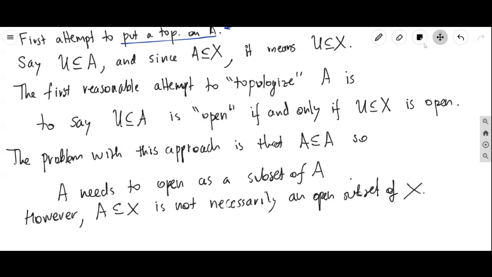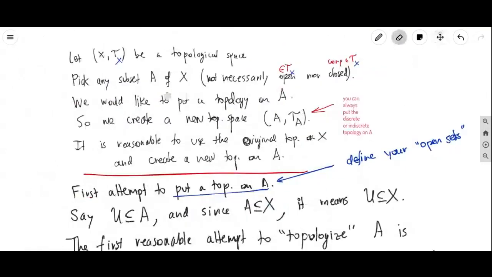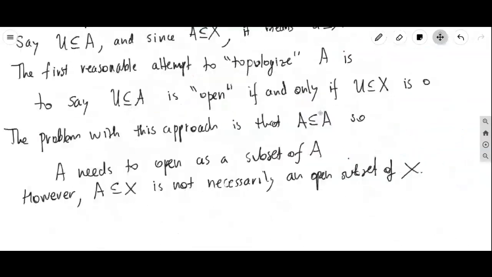Right? In the beginning we said that you have a topological space and you pick any subset of X and you want to topologize this A. Now, if this A happens to be an open subset, then the approach that we just wrote out makes sense.